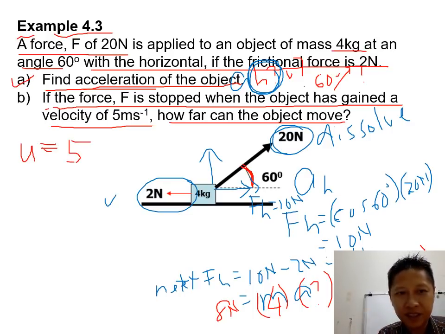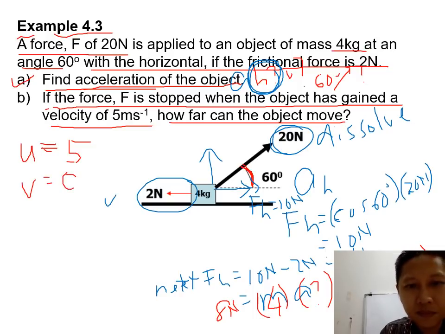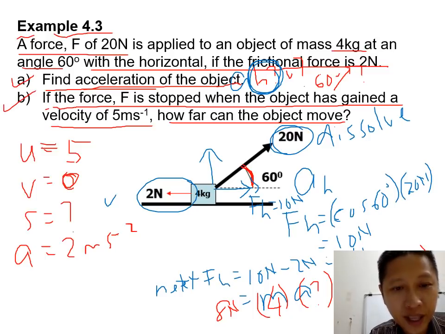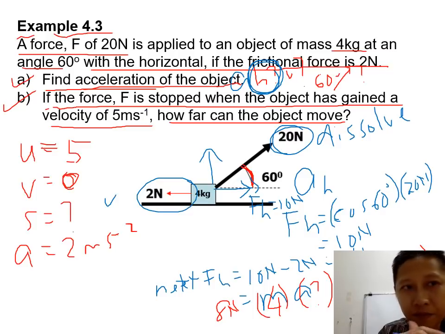And because of the friction, the block is going to stop. You want to find what is the distance. Since in question B we don't have any extra force, later on we're going to use the kinematic formula to find it.